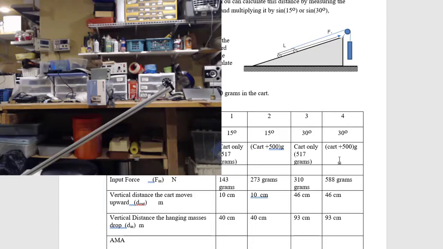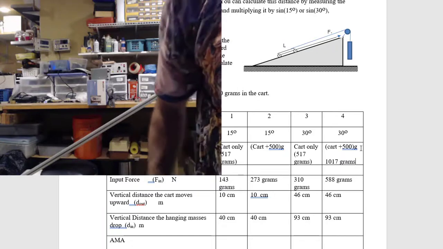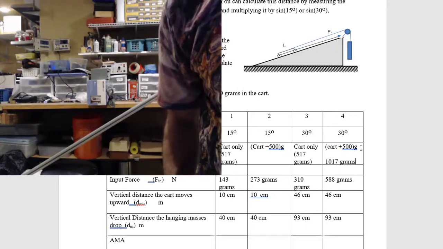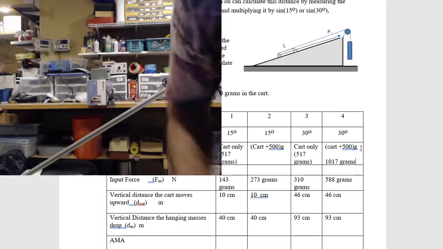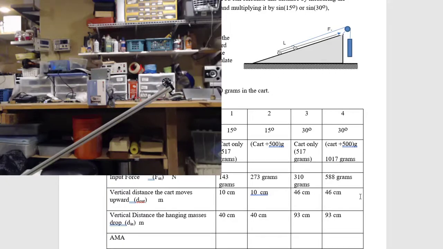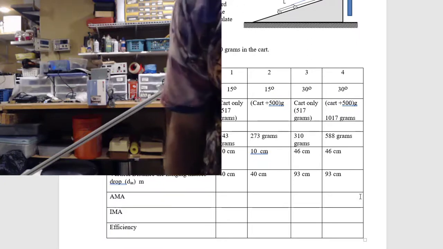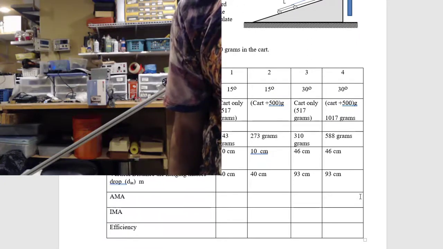So cart plus 500 is 1,017. Write that in. You can convert it to weights in newtons, or you can just use grams because the units cancel. You're welcome to do that either way, but at this point you can now calculate the AMA, the IMA, and the efficiency in the same way that you did it in the earlier cases.